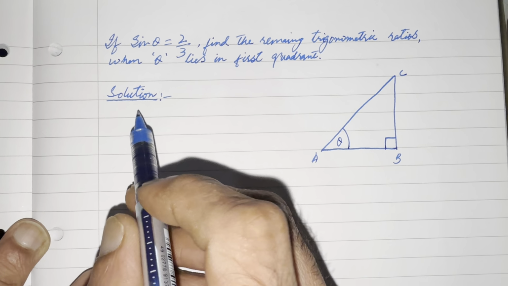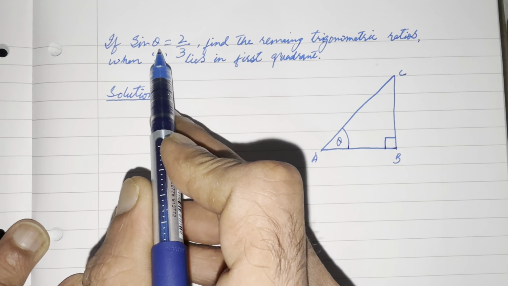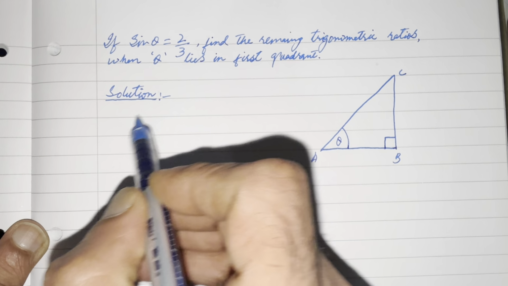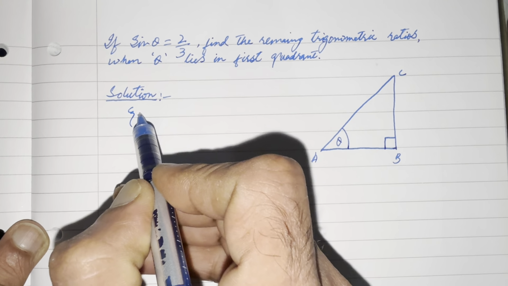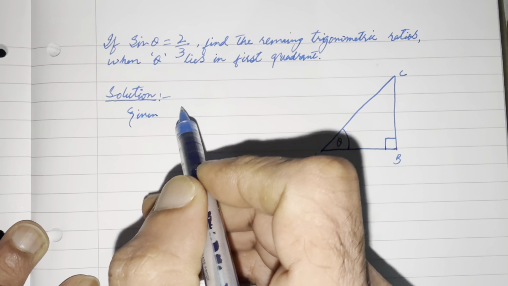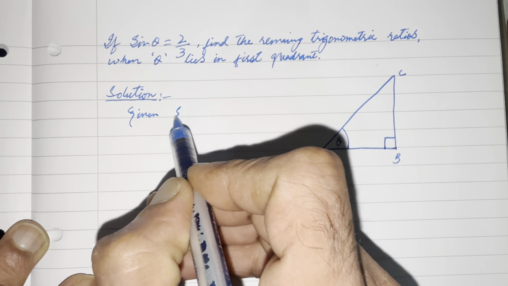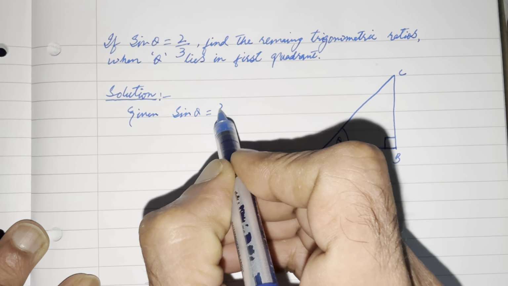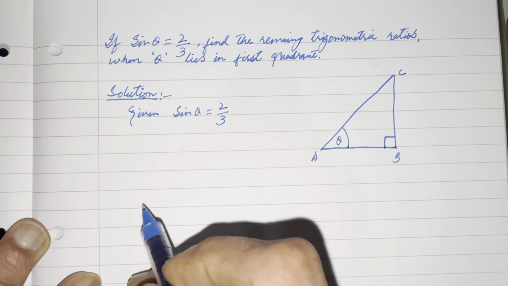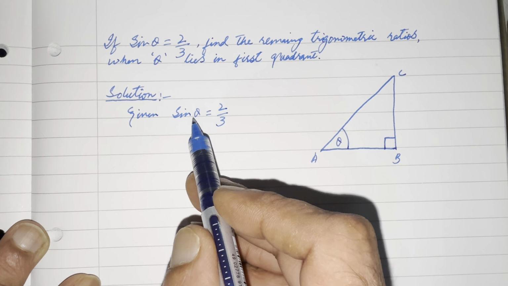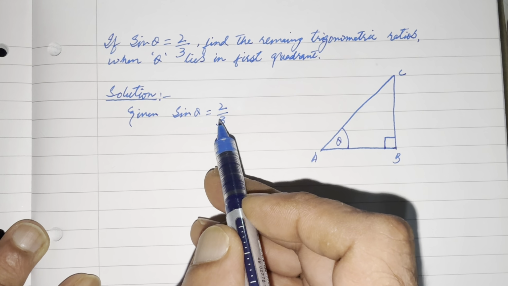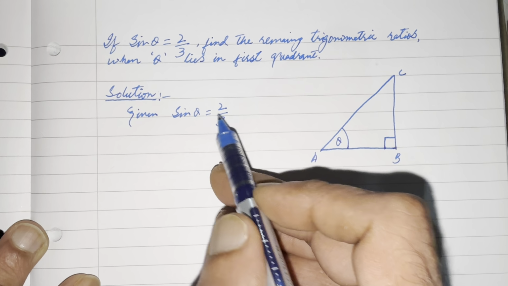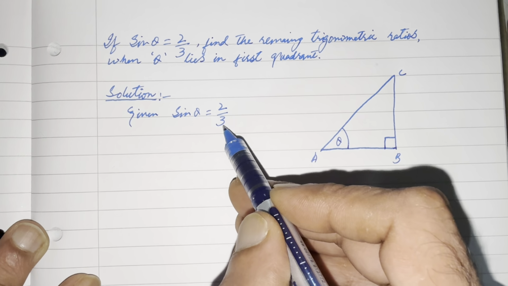So the given condition is sine theta is equal to 2/3. You know that the sine theta ratio is equal to opposite side divided by hypotenuse.